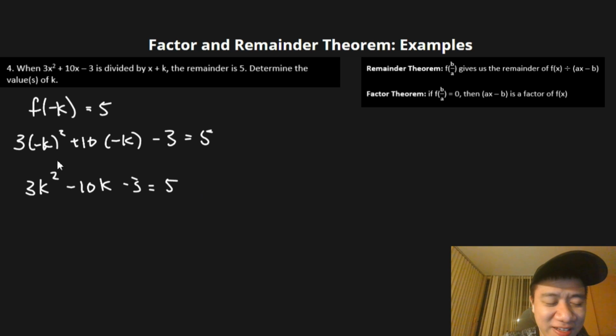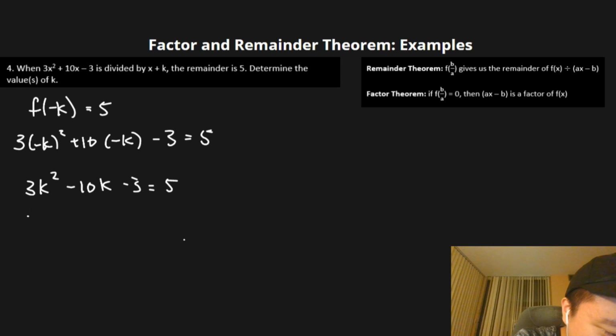This is a very good indication that we do have a quadratic equation, and to solve for the value of k, we just treat it like a quadratic and solve it the way we usually solve quadratics. We need 0 on one side and everything else on the other side. So let's do that.